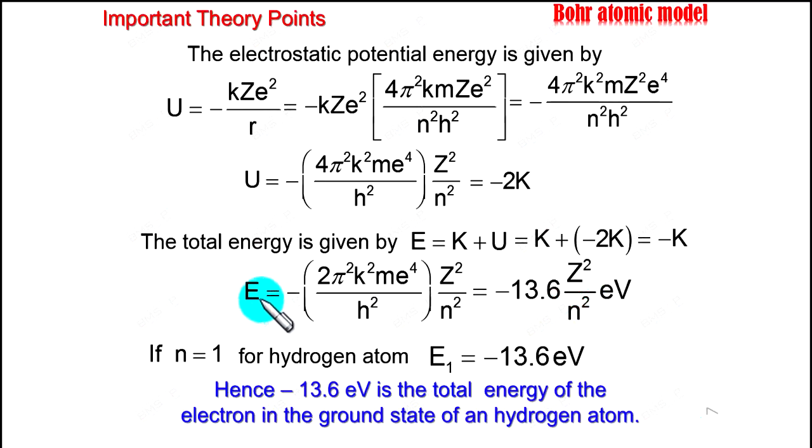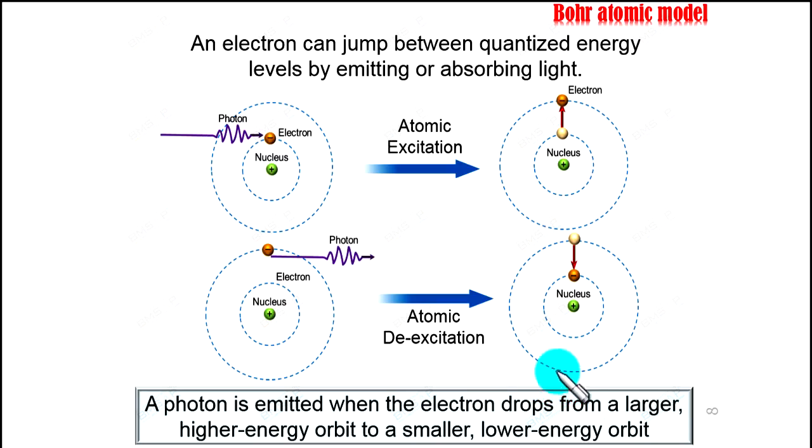So, for the higher energy level, say E2 equal to minus 13.6 Z square divided by n2 square, and for the lower energy level, corresponding to n1, we can write E1 equal to minus 13.6 Z square divided by n1 square. Let us write this energy difference as delta E, right?